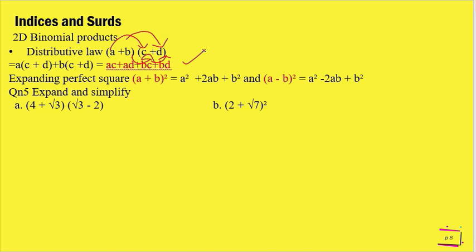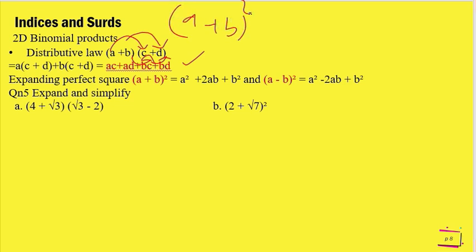Whenever you are told to expand a perfect square, a plus b squared, this is where we normally use the binomial coefficients, which are 1, then 2, then 1 at the end. Remember, the first term is always a squared, so its coefficient is 1, so this will be a squared.